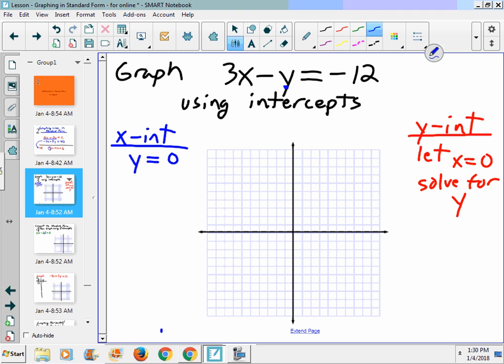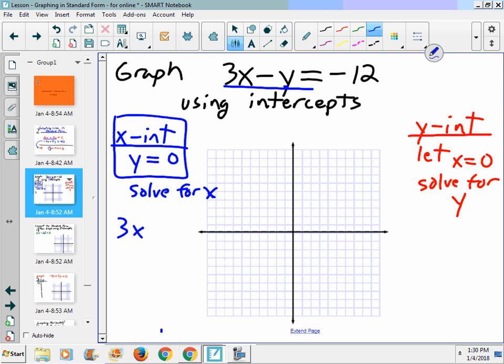So now let's graph 3x minus y equals negative 12 using x and y intercepts. To find the x-intercept is actually very easy. All you do is let y be 0, and then you solve for x. If we let y be 0 in this equation, we're going to have 3x minus 0 equals negative 12.